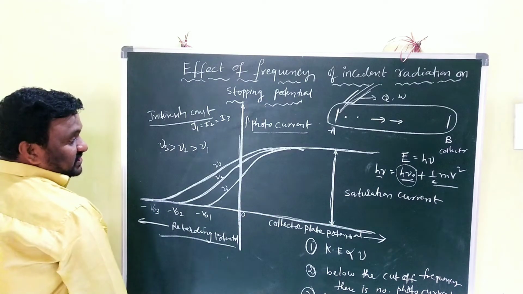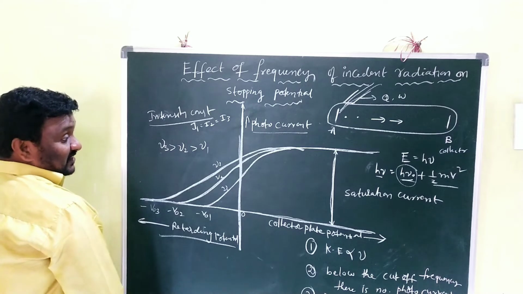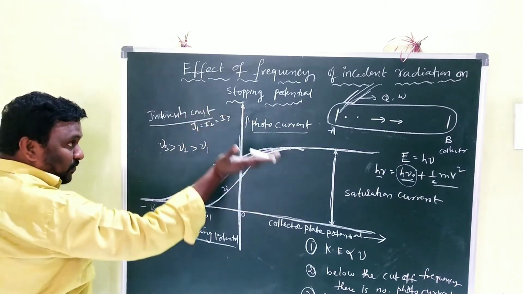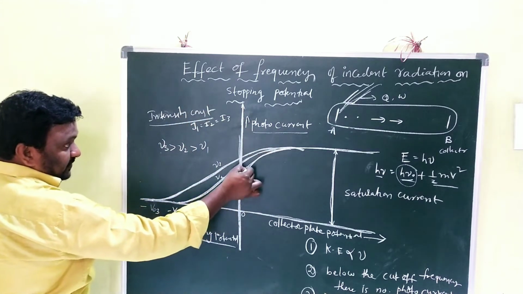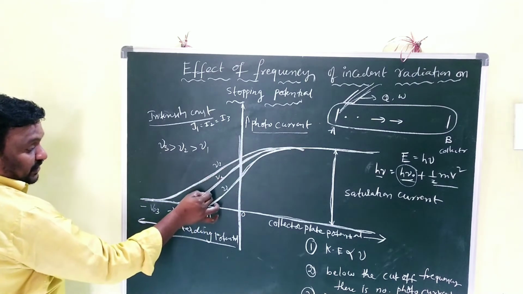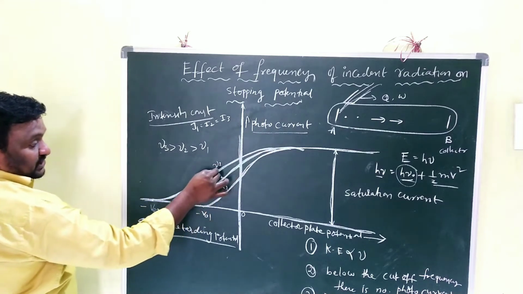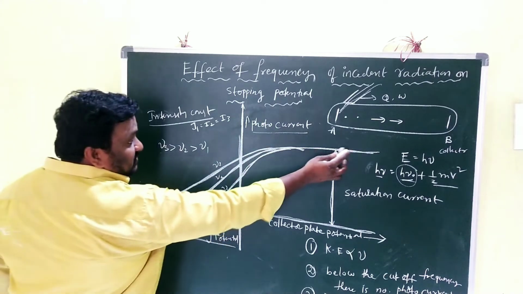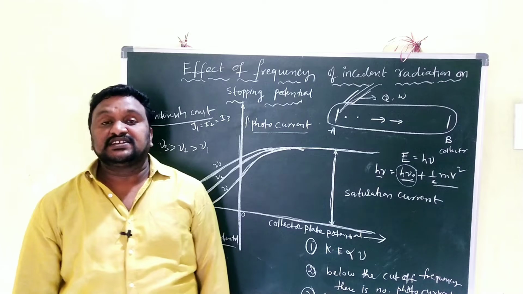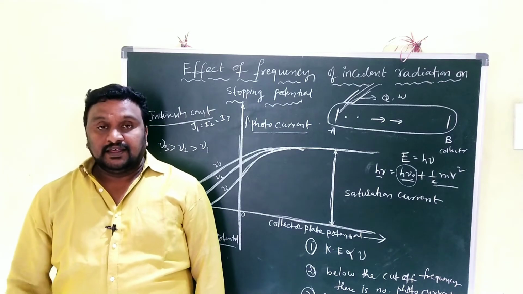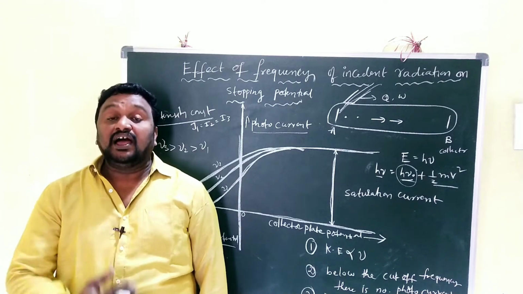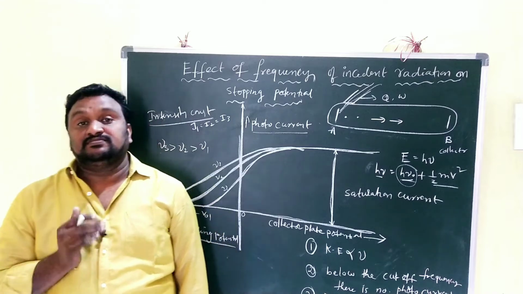The second thing, when the collector potential is negative, that means we are decreasing the potential of the collector, then for every frequency of radiation there is a specific stopping potential. Even though they have the same saturation current, their stopping potentials are different. That is the second point you have to remember. Even though the intensity of radiation is constant, different frequencies of radiation have different stopping potentials.